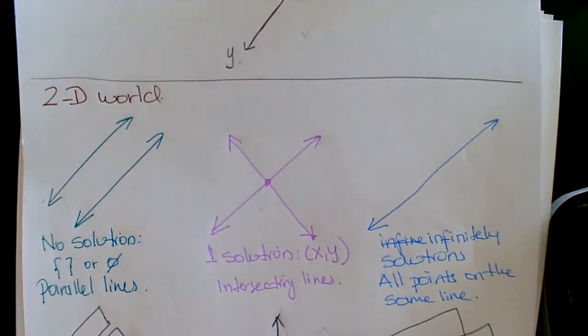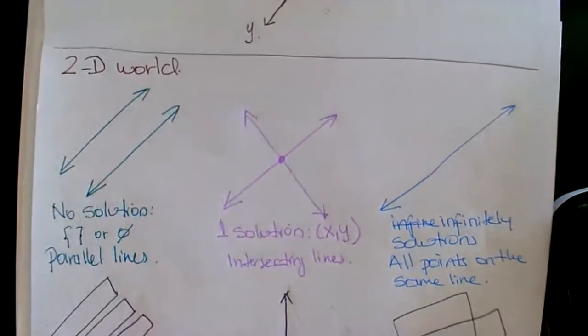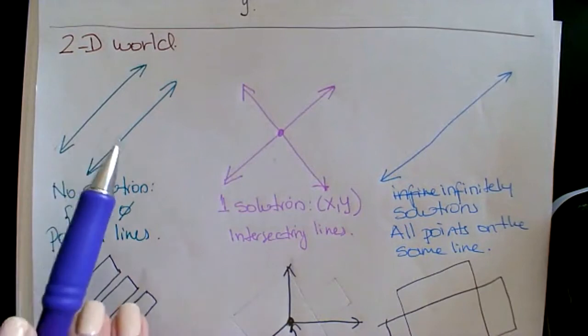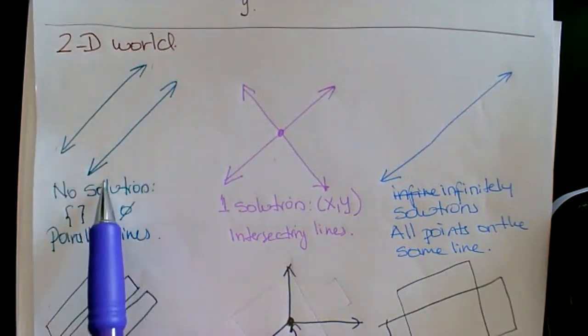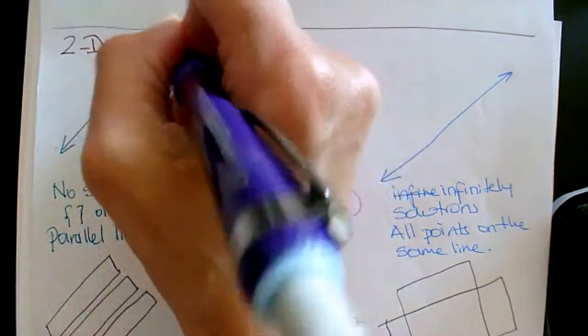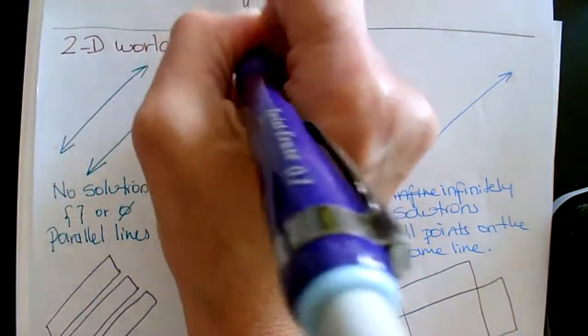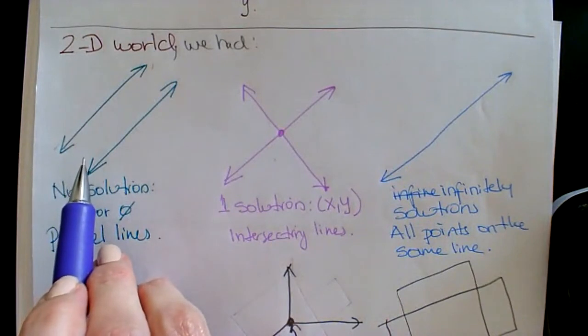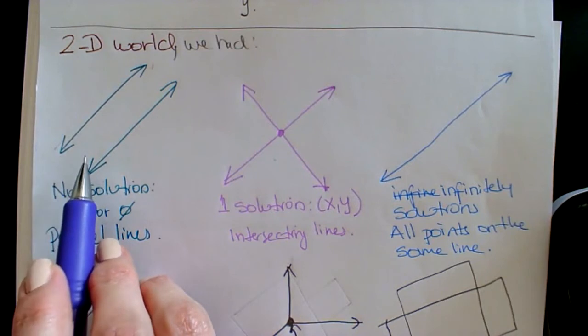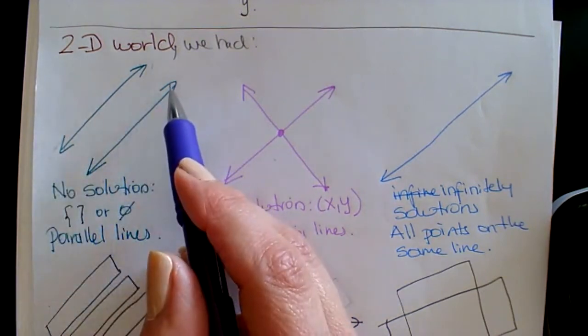So let's first start with the type of solutions we can have. I don't know if you guys recall, in our 2D world, we have these two lines that are parallel to each other.